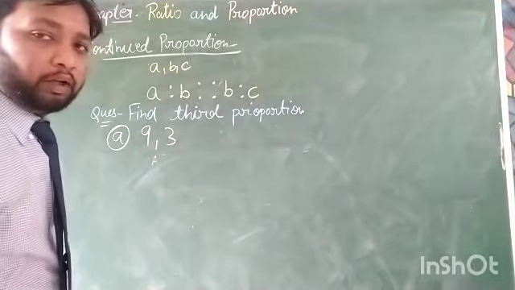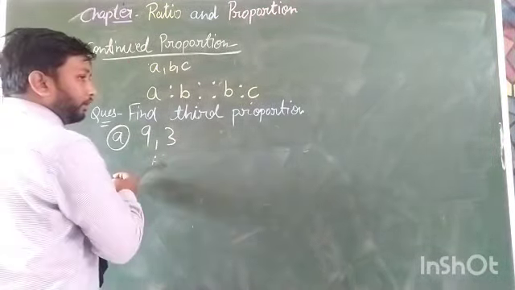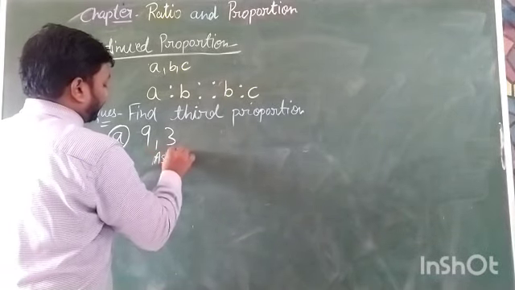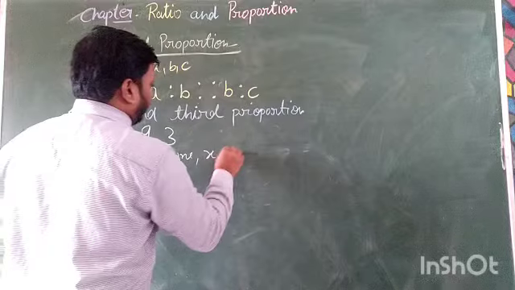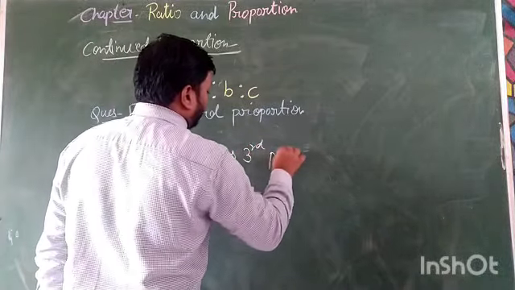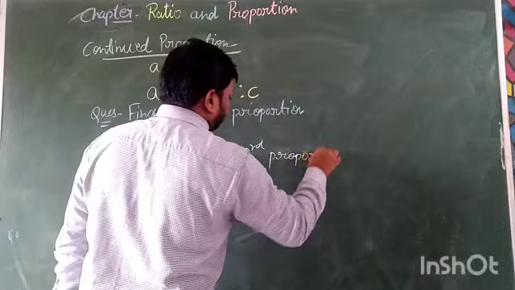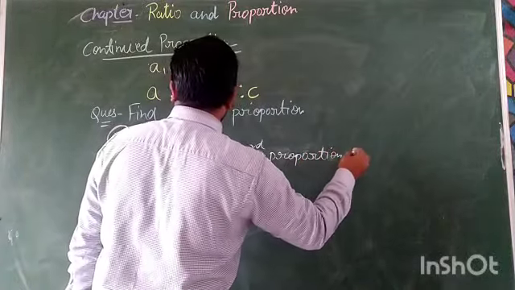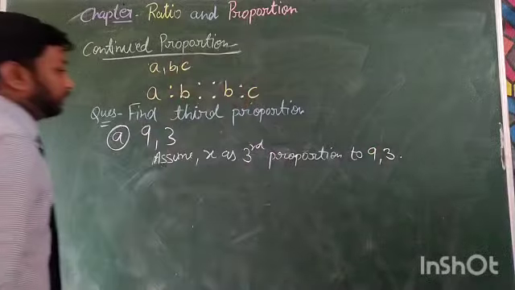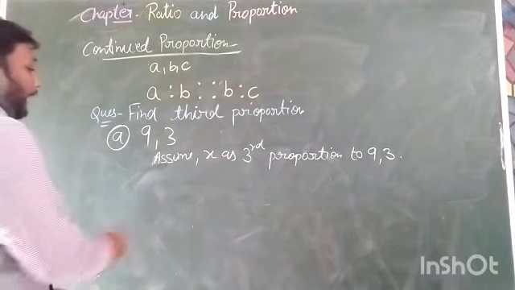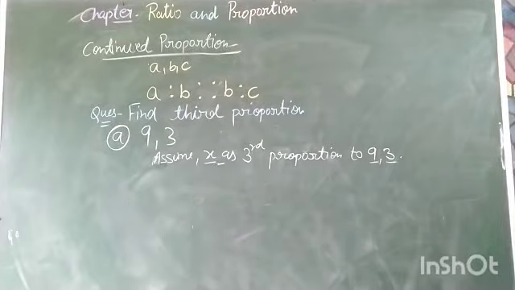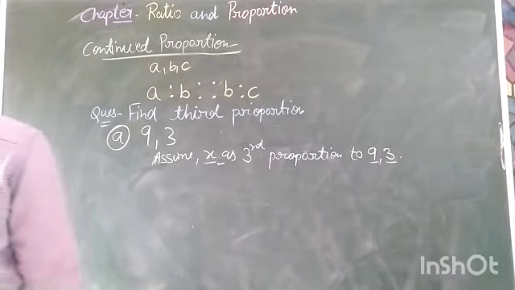Assume x as the third proportion to 9 and 3. So x, 9 and 3 are in continued proportion.